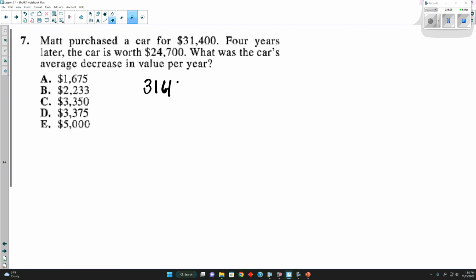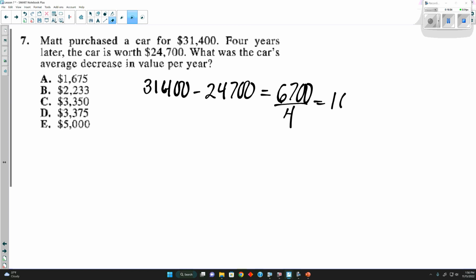We can say 31,400 minus 24,700. And we're going to take that and divide it by what? 4, to figure out the average per year.